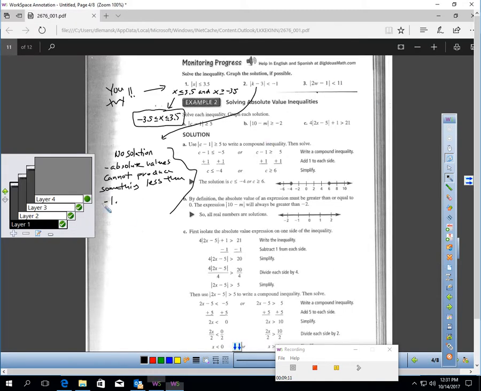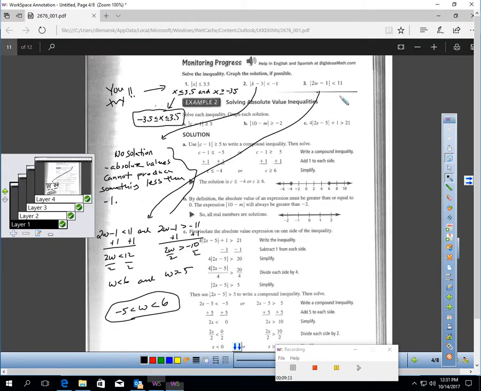And then number 3. The absolute value is isolated. So, step 1, write 2 inequalities. 2w minus 1 is less than 11. Just copy what you see. Now, for your second inequality, reverse the inequality and change the sign. 2w minus 1 is greater than negative 11.